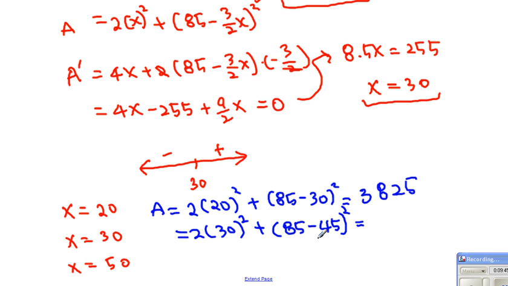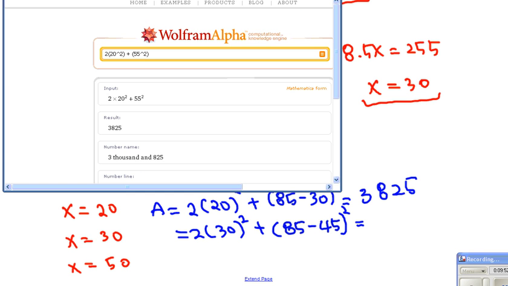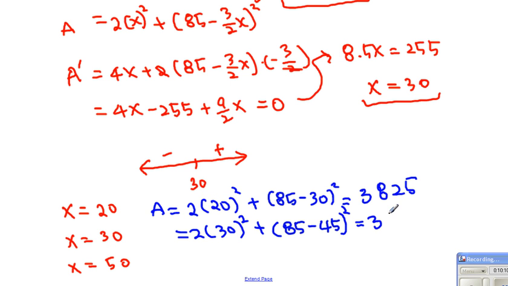Now this portion becomes 40 squared, and then this one was as it was. So we end up with 3,400 as our area.